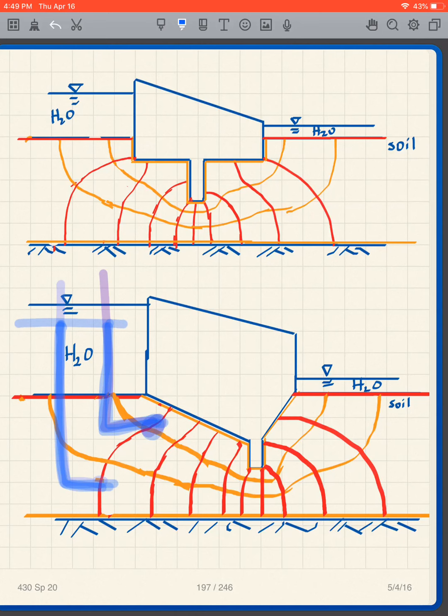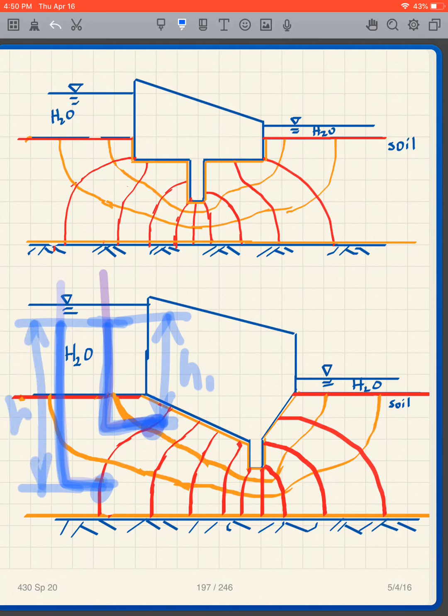Because the way that we get pore pressure, our water table pore pressure, it's what? It's the level of the water in the piezometer minus the level of the point. It's this distance here times gamma W. So this would be, for instance, H1. For the other point, that distance would be this.